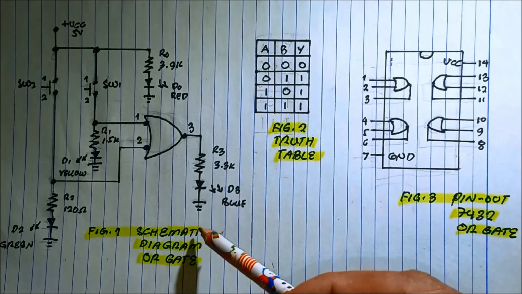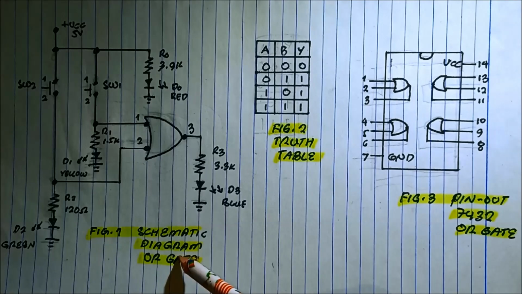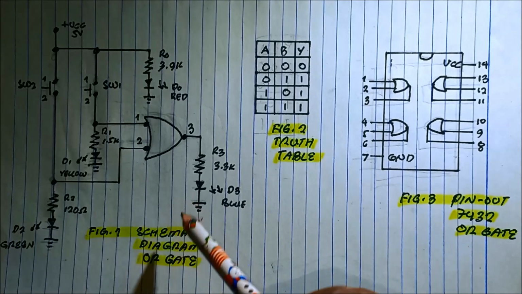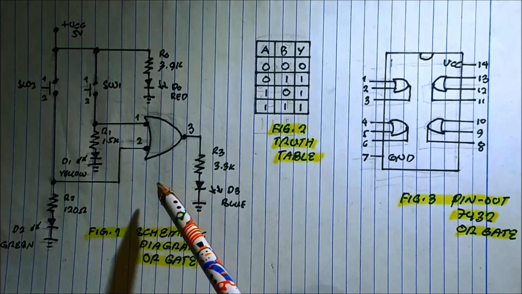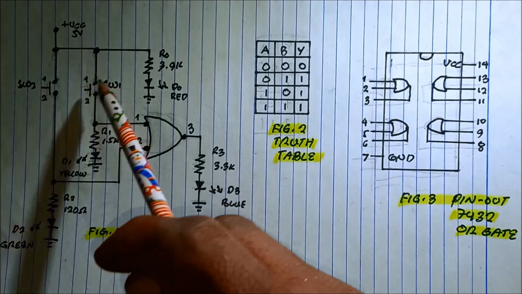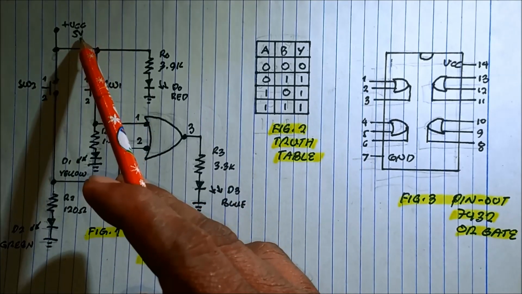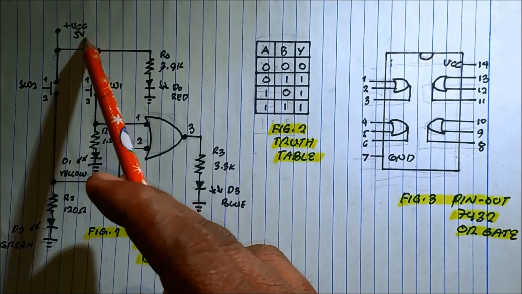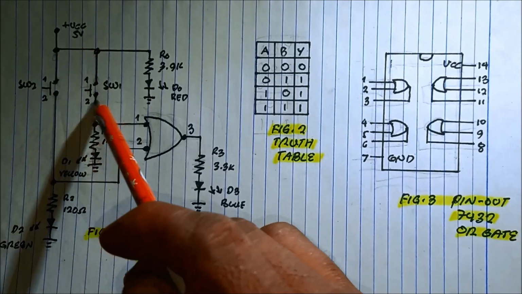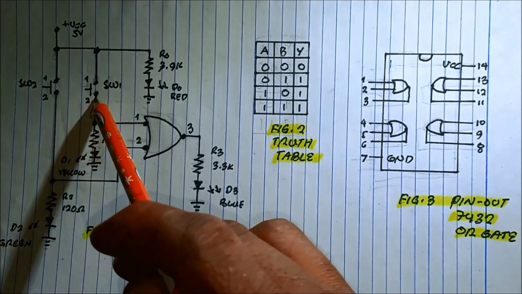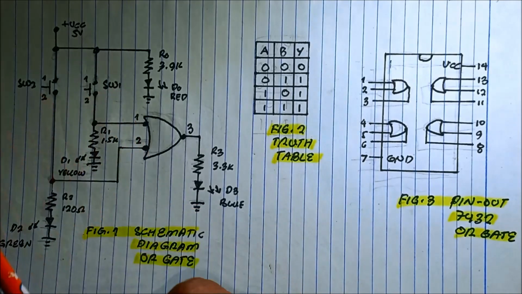This is the schematic diagram of the OR gate. That is the diagram of the circuit we tested. For our circuit, we have this 5-volt supply from the power bank. And then we have two switches, push button switch, a tactile switch, switch 1, switch 2.